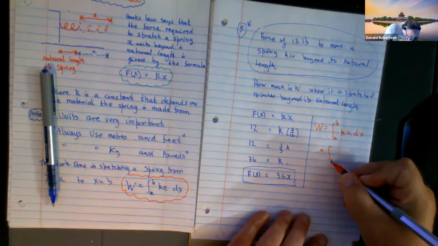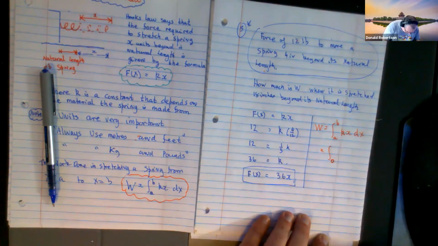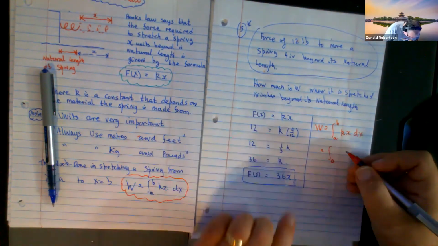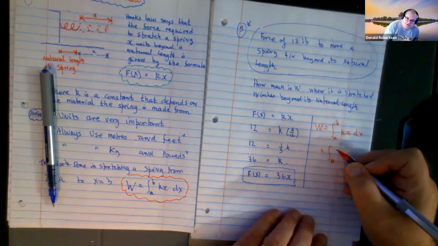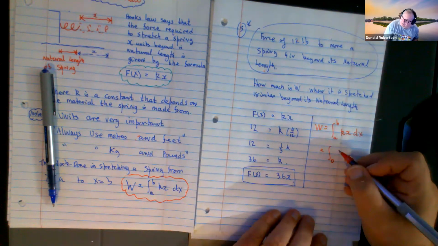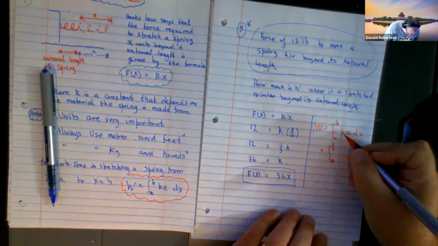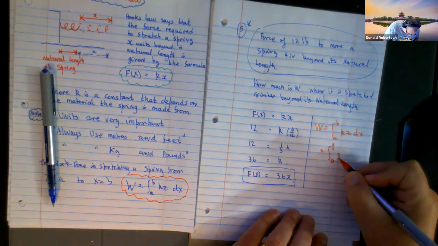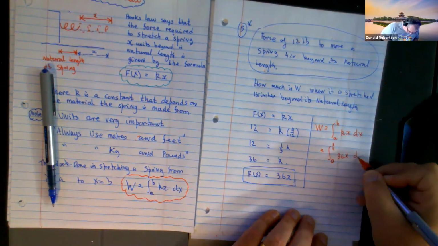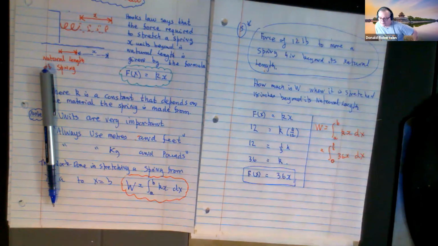So it starts off at 0, that's its natural length, and 18 inches, well, isn't that 1.5 feet? So I'm going to call that 3/2. Kx dx. So far, so good.